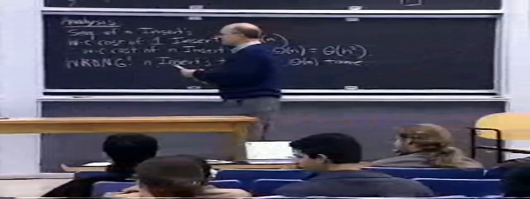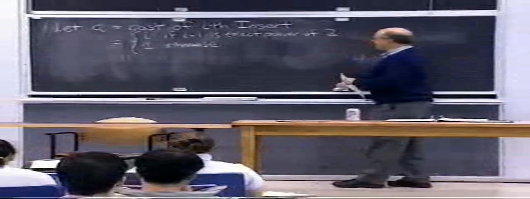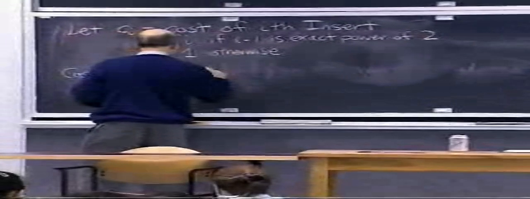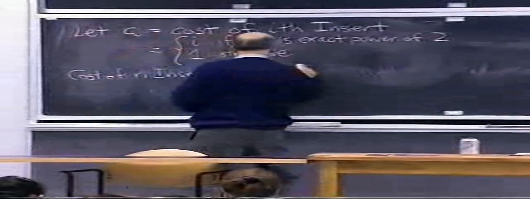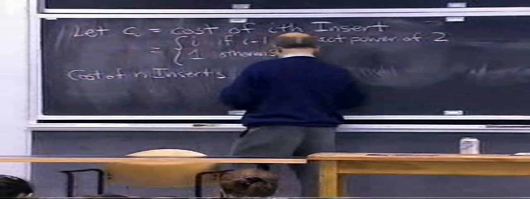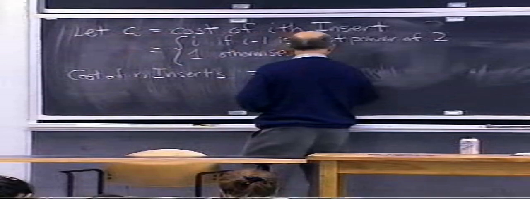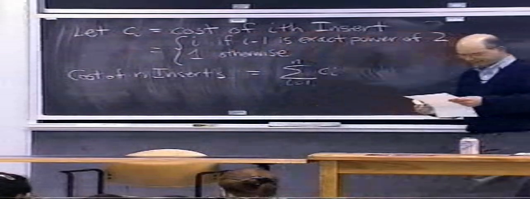Okay. So let me flip back up to this board here. So I'll leave a couple lines here, because I have a couple more lines I'm going to put in later. Okay. So the cost of n inserts is summation I equals 1 to n of C sub I. Okay, just add them up.